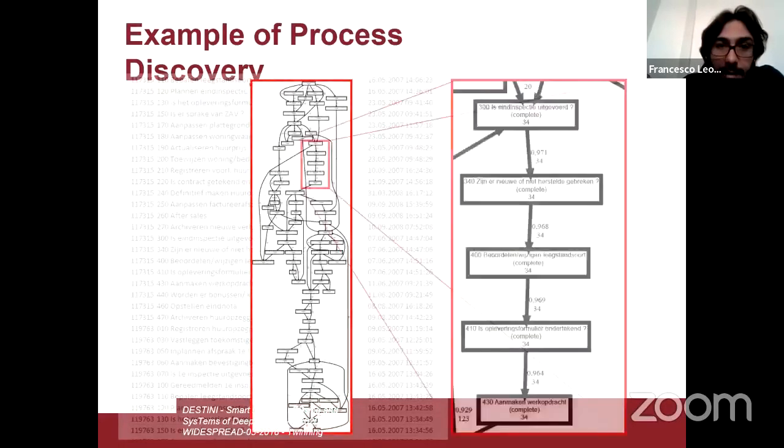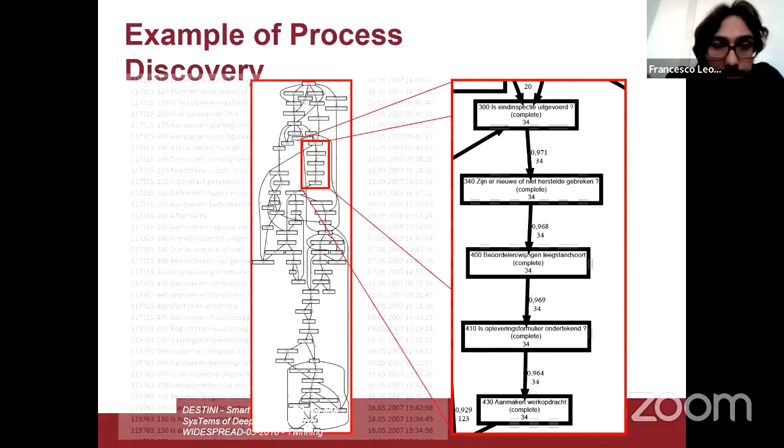So basically, what a process discovery algorithm does is to take the event log and to extract a process that is described in some specific kind of formalism. For example, in these slides, you can see the fuzzy mining output formalism.